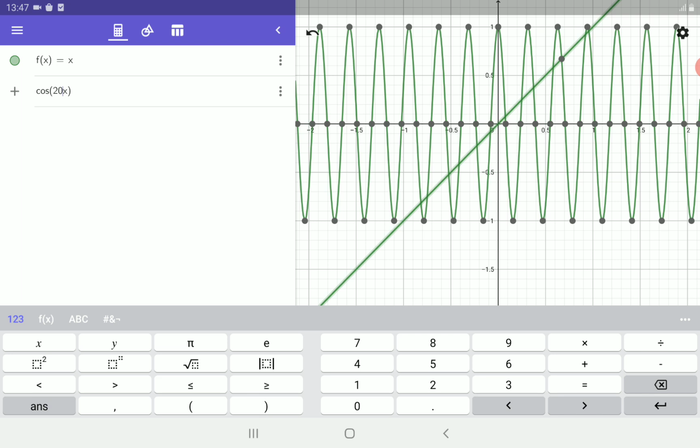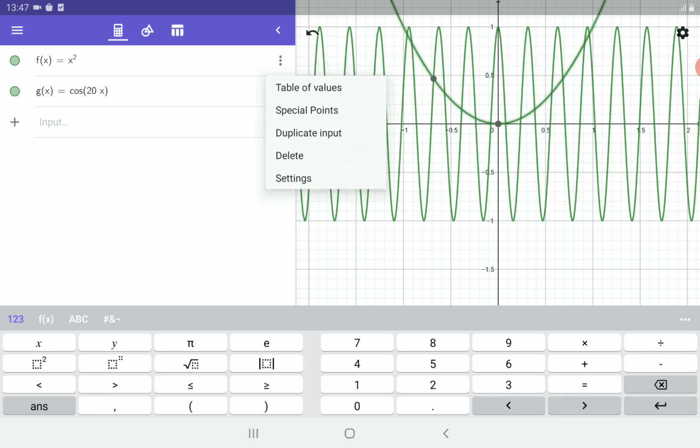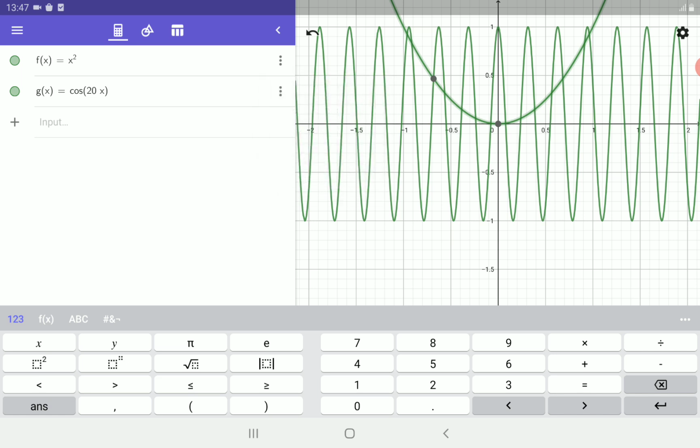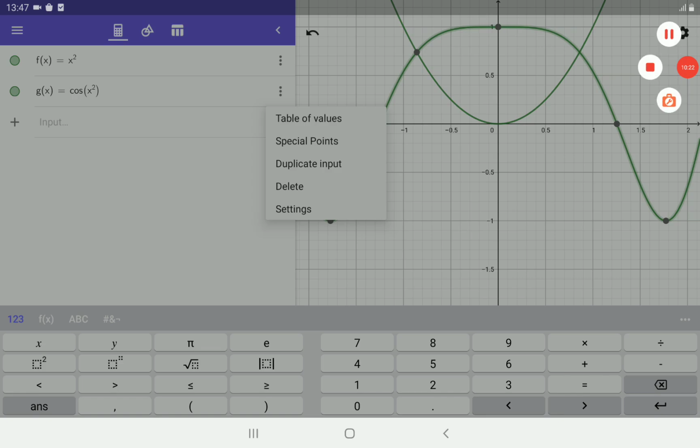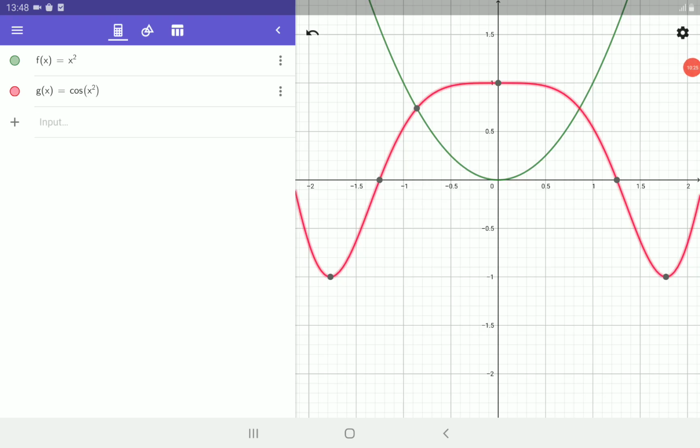Now let's look at a function with a stationary point. So suppose we have x squared. So there is the graph of x squared. Let's look at the graph of cosine of x squared. So that's your graph of cosine x squared.